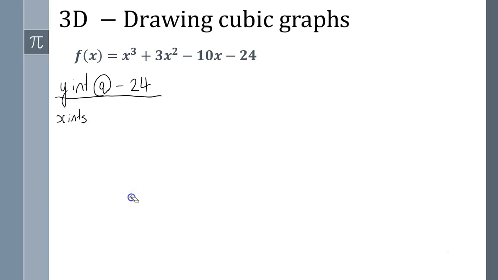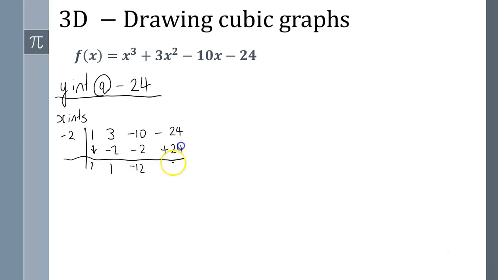All right, we need to find our x-intercepts. Okay, so we need to factorize it. And we did this before, so I know that -2 is still going to be a factor. 1, 3, -10, -24. You don't have to use this box. -2, 1, -2, -12, 24, 0.